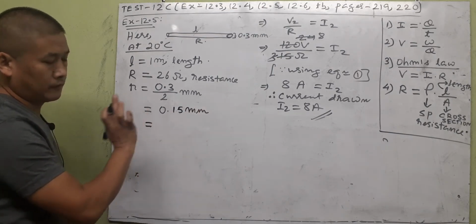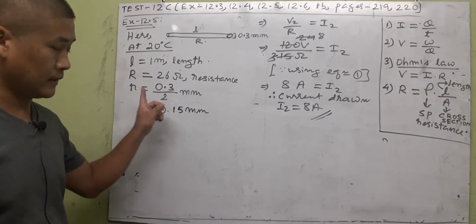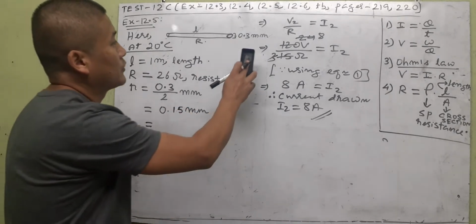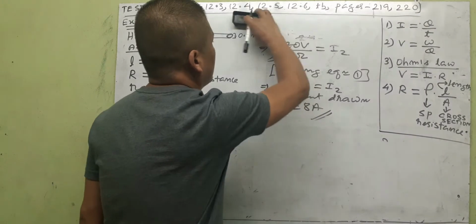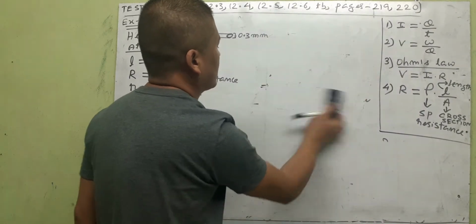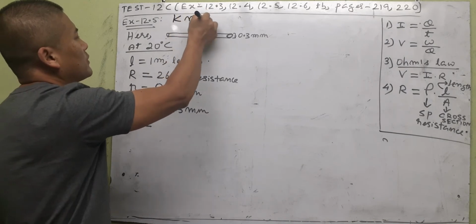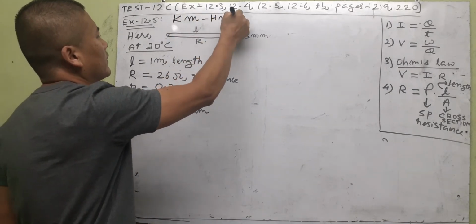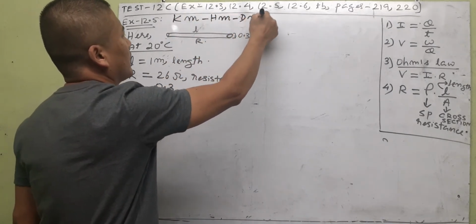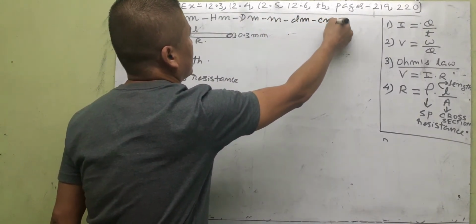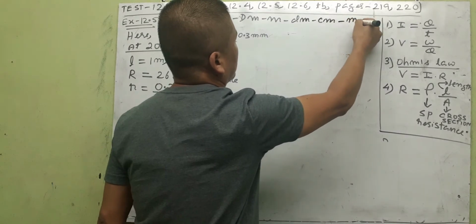But the SI unit of length is not millimeter. Radius is a distance, and the SI unit of distance or length is meter, so we need to convert to meter. For that we are by now accustomed, but let us go through it because we need this many times, so better to memorize it thoroughly. Kilometer, hectometer, decameter, meter, decimeter, centimeter, and millimeter.